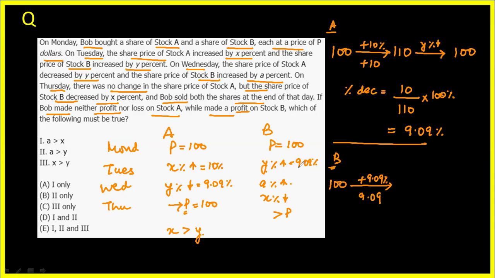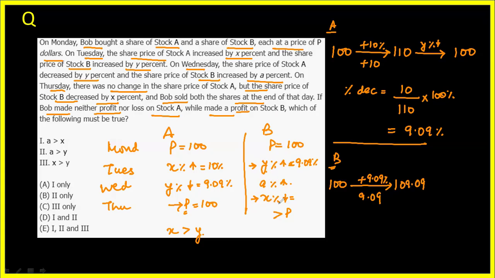That means the price after this increase of Y% will be 109.09. Got this, right? Now, this is a successive increase and decrease, so let's take the decrease first, instead of the percent increase. Why? Because it is a successive increase or decrease.